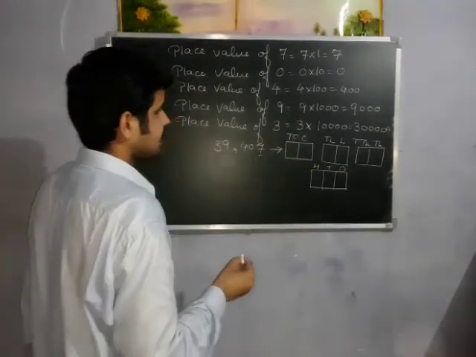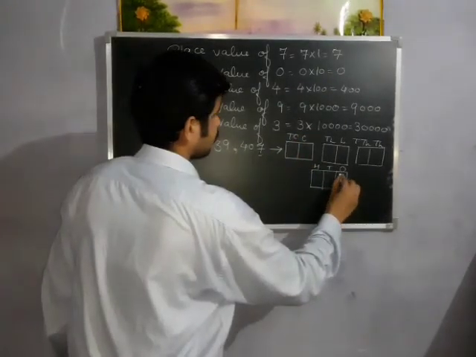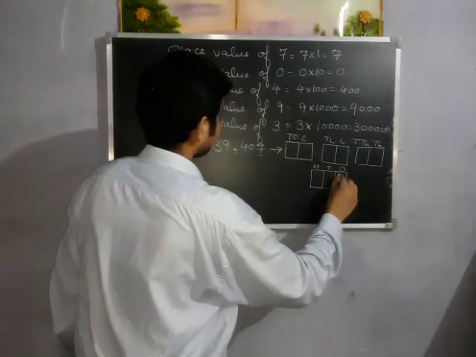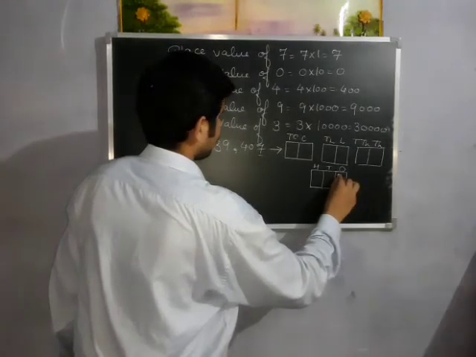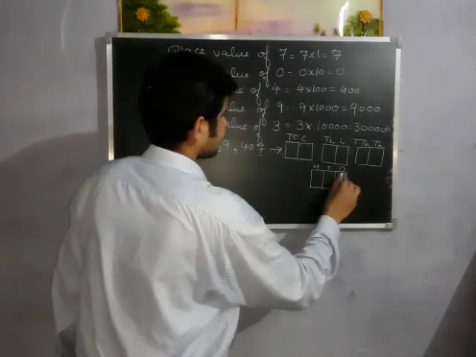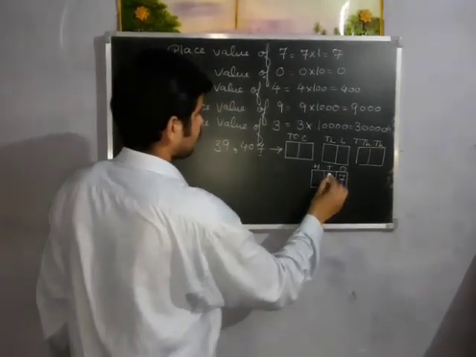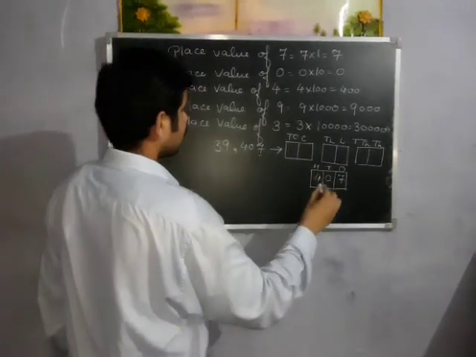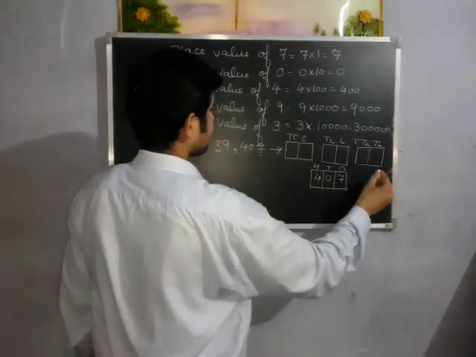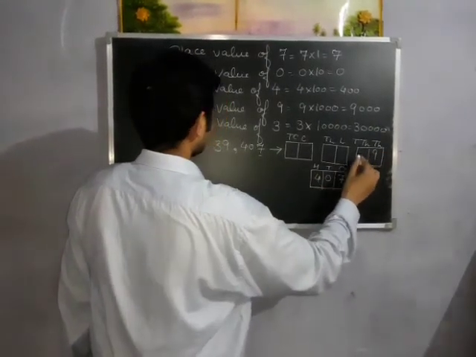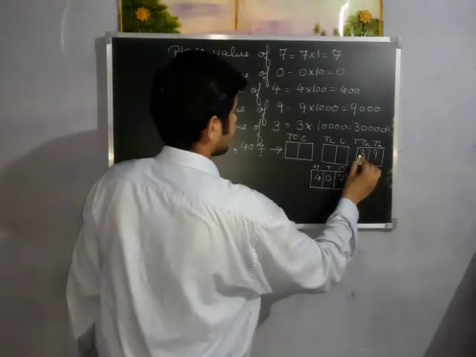So we will fill digits according to the Indian place value system. The digits are: which digit is at ones place? 7, tens place 0, hundreds place 4, thousands place 9, 10,000s place 3.